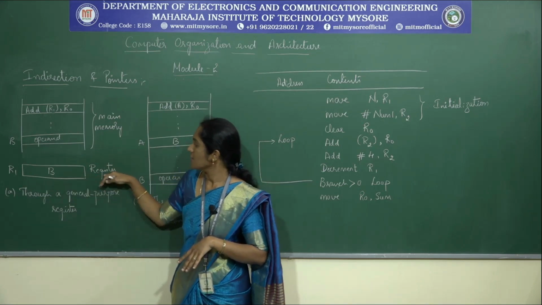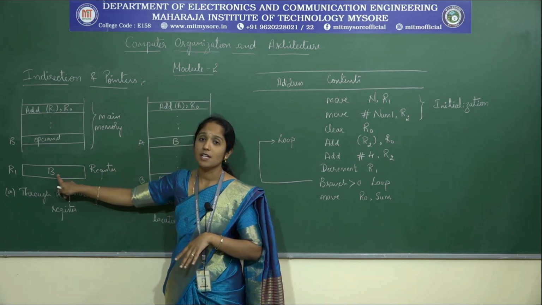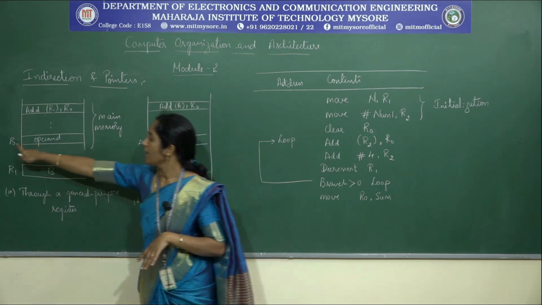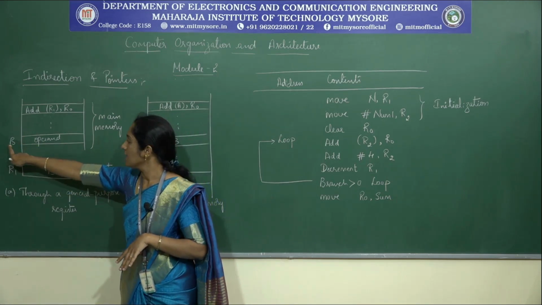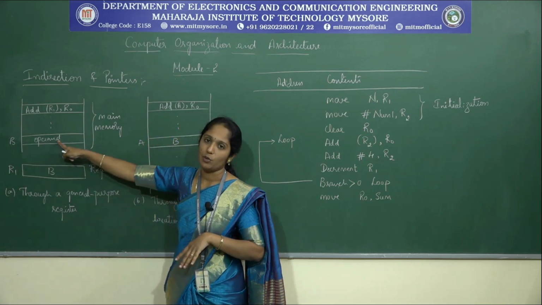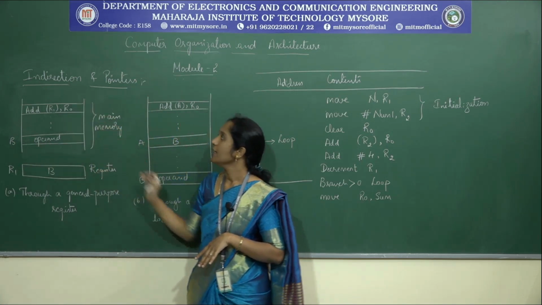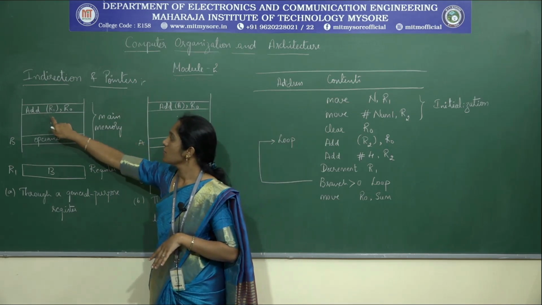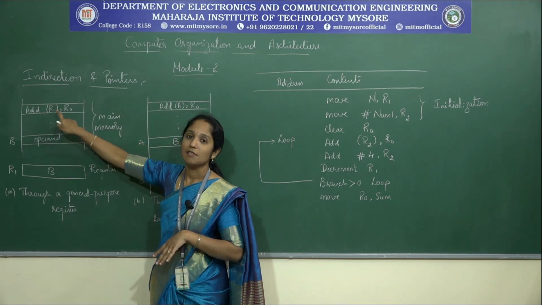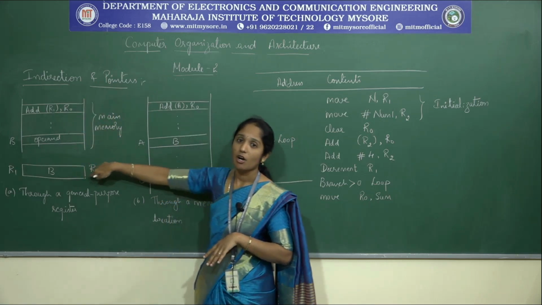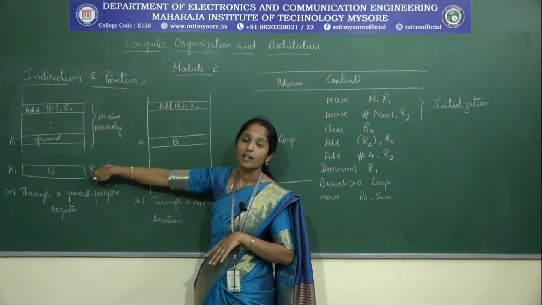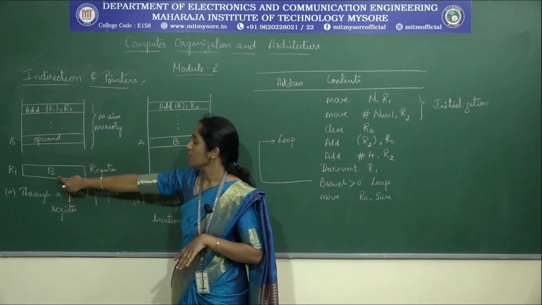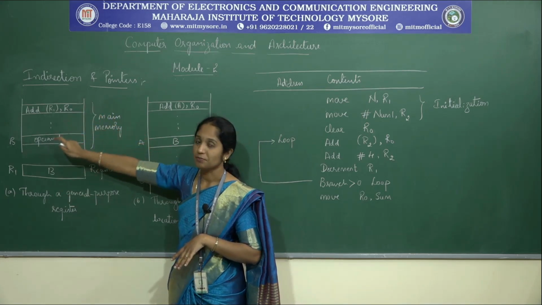Here B is the address of the memory location, and that location contains the operand value. This is indirection, and the register R1, which contains the address of the operand's memory location, is nothing but the pointer.